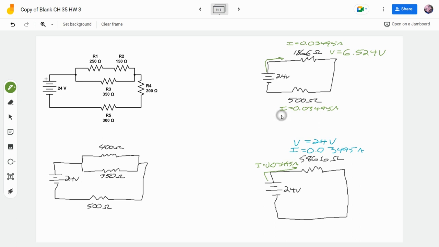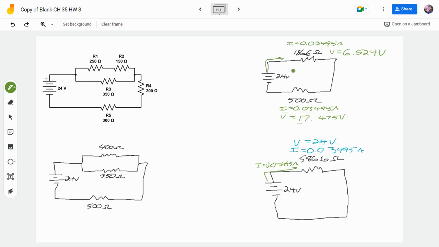And the voltage down here is 0.03495 times that resistance, 500, so we get 17.475 volts. You'll notice that this voltage and this voltage, minus a tiny bit of rounding, add up to 24 volts. They have to.